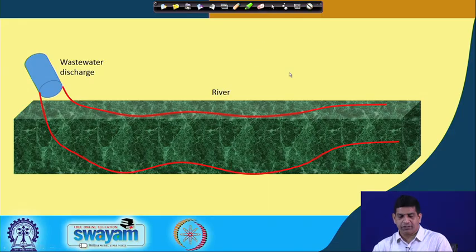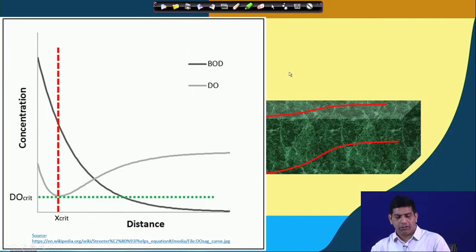So, those issues are there in terms of wastewater. As you go a distance, the BOD level will go down and the DO level will start picking up. Based on that, we can find X critical and DO critical.